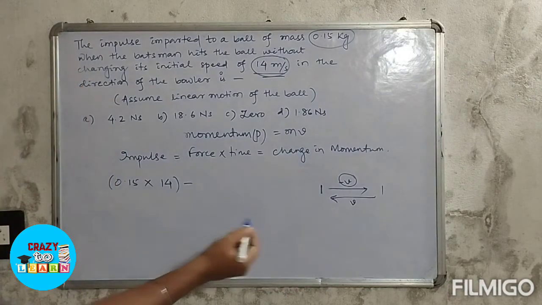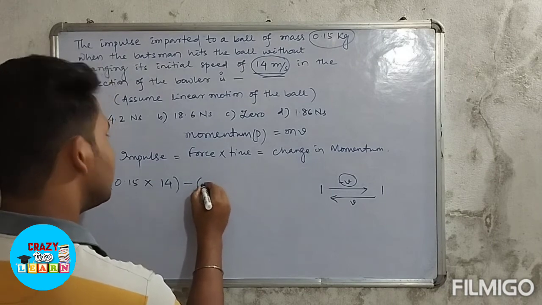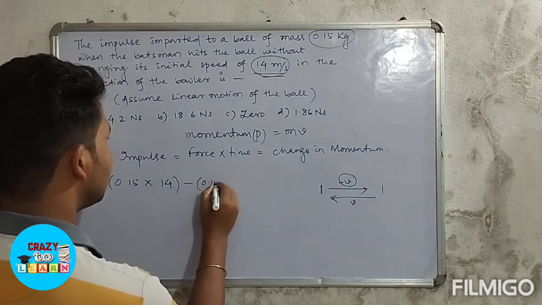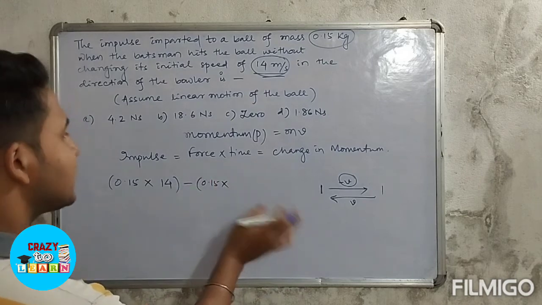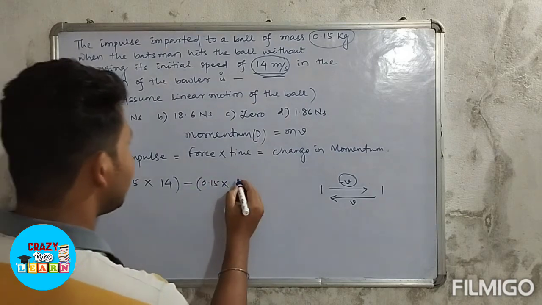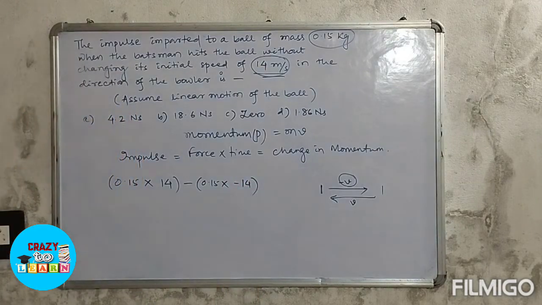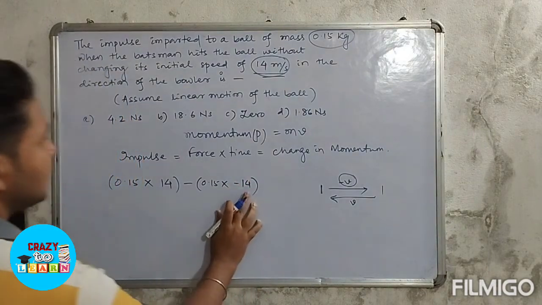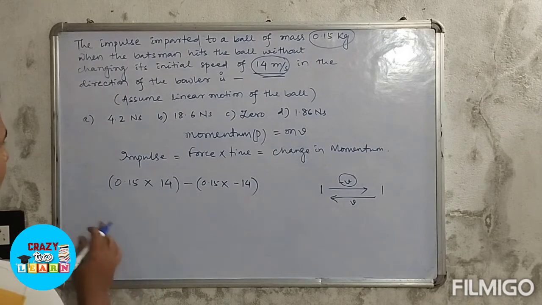So the initial momentum will be the same, mass into velocity. As batsman hits with the same velocity, in the initial case the velocity is same, we can take it as minus 14. Okay, clear? As here we are taking minus v. Now calculate.